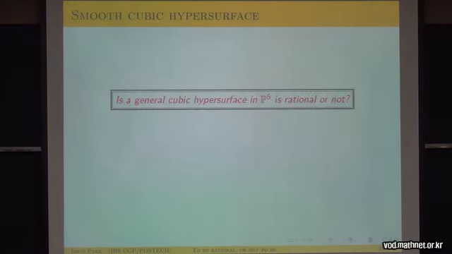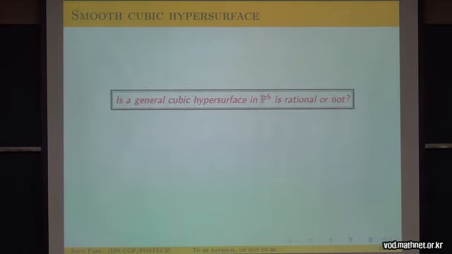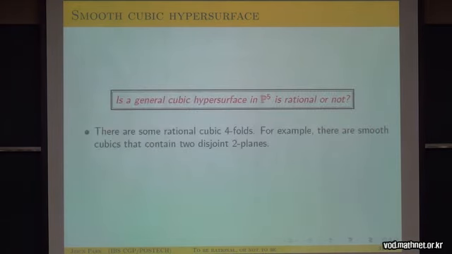All right. So we dealt with the case when n is 1. Let's consider the case when n is 2. As I explained, there are some rational cubic fourfolds.